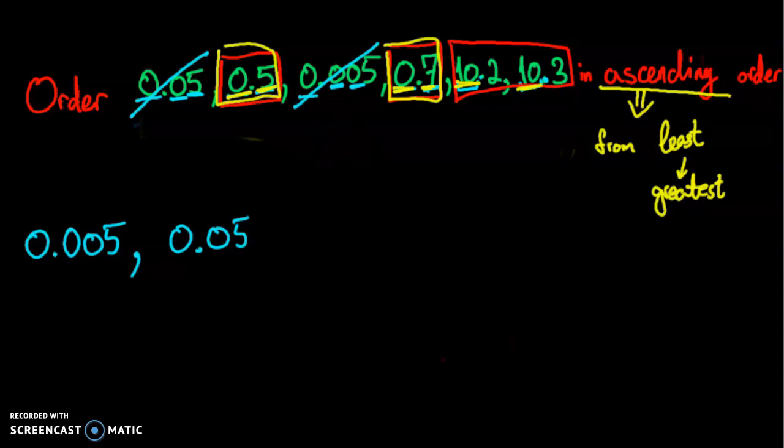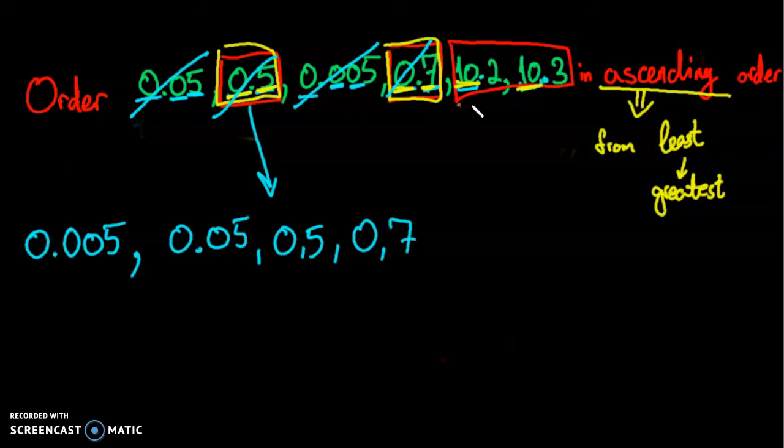So we write down this number, 0.5. Then we write down this number, 0.7. And finally, we go back to these two numbers. We have a 10 and another 10. They're the same. So we look after the decimal point. We get a 2 and a 3. 2 is smaller than 3, so that's our next number.